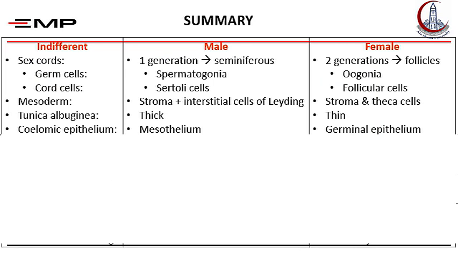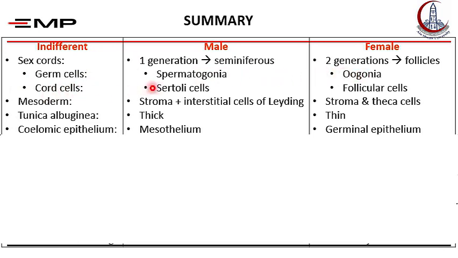Now, in summary, in the development of the gonads, the three components are the sex cords, the intervening mesoderm, and the coelomic epithelium. The sex cords are one generation, giving seminiferous tubules and rete testis in the male. In the female, two generations. The second makes the follicles. The first makes the rudimentary rete ovarii. Inside the cords, the germ cells give spermatogonia in the male, oogonia in the female.